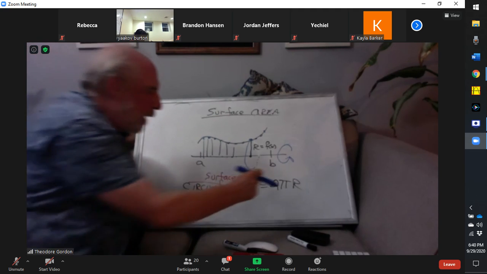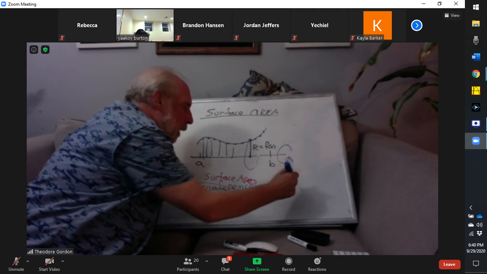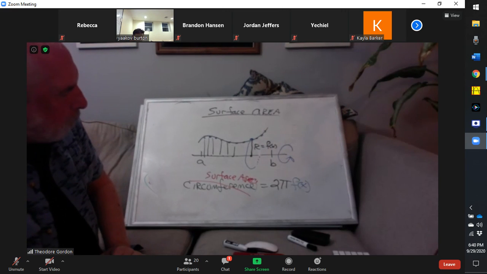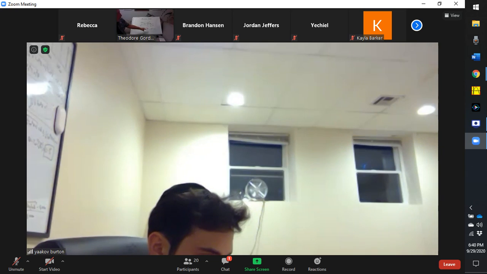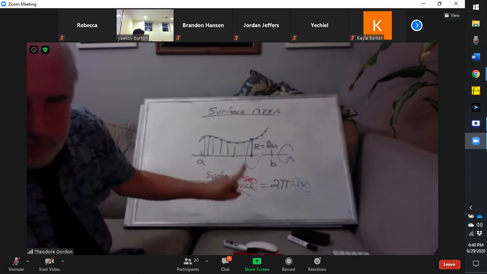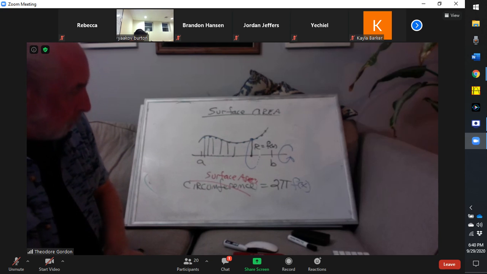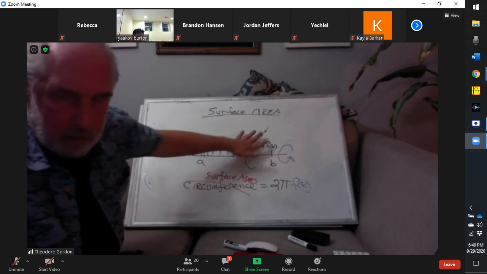So take away radius and get the function itself. So that would be the surface area of one circle. That's the surface area of just one circle. But we're going to do the whole length of this continuous function.